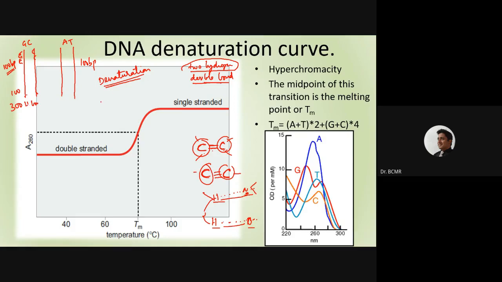Whereas in the second case, which is AT, you have 100 A's and 100 T's, which would have been 200 hydrogen bonds. So it is easier to break these 200 compared to that of 300 hydrogen bonds. So you need less energy here, whereas in the other case, you need more energy.